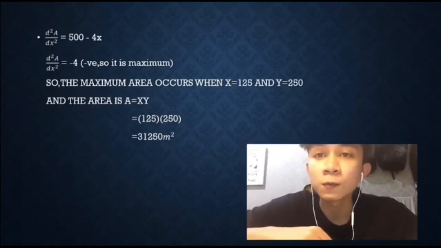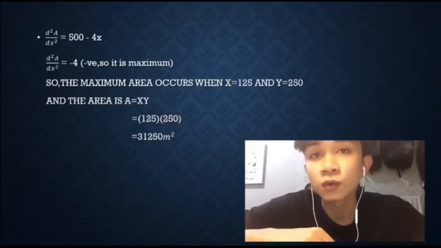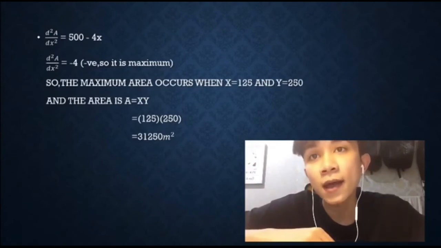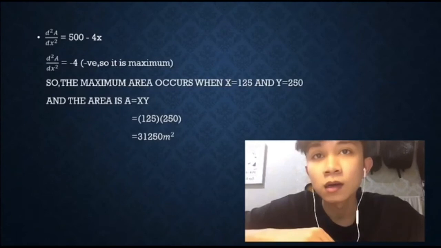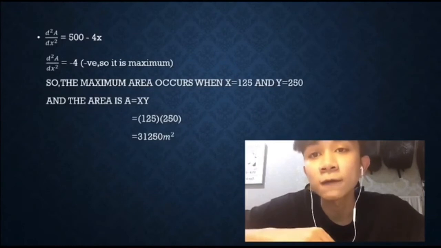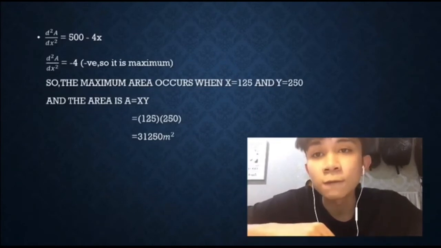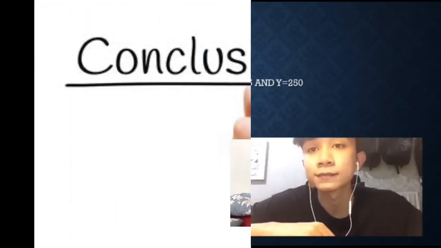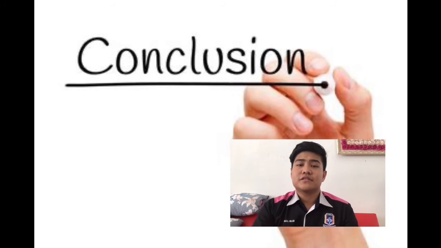Now we find y by replacing x with 125. Finally, we calculate the area of the rectangular carbon using the formula x times y. So 125 times 250 gives 31,250 meters squared.